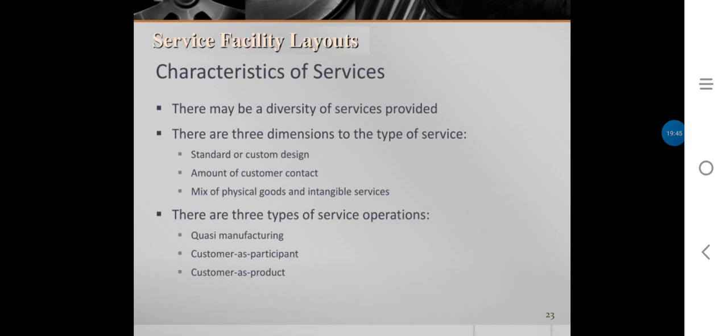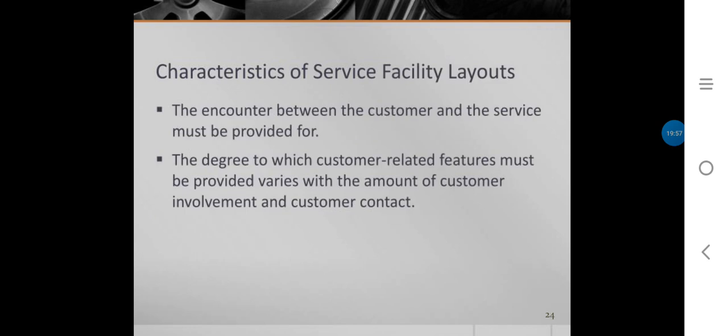Based on these dimensions, we have 3 types of service operations or service layouts: quasi manufacturing, customer as participant, and customer as patient. The encounter between the customer and the service must be provided, and the degree to which customer-related features must be provided varies with the amount of customer involvement and customer contact.